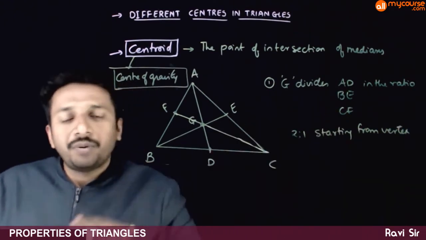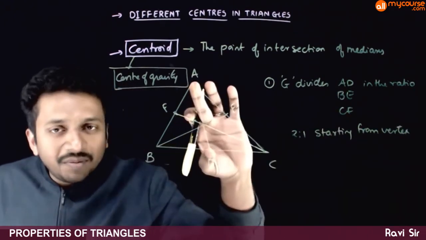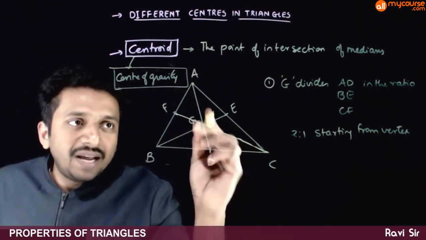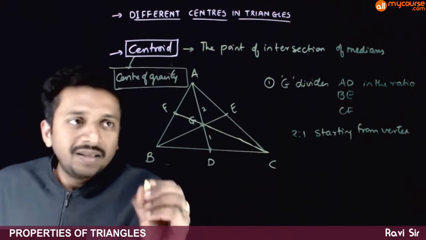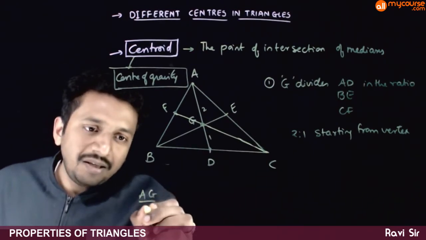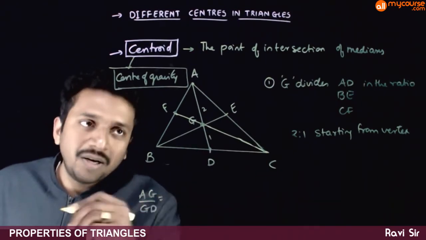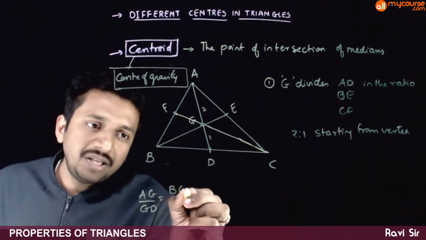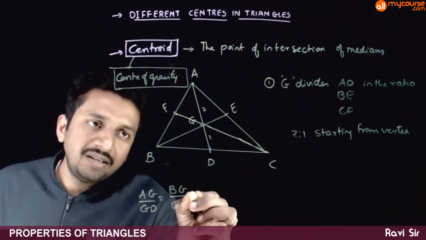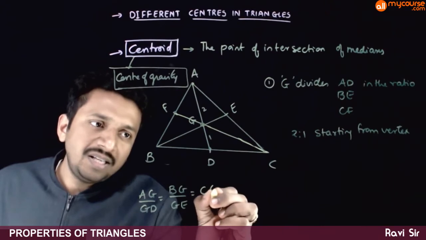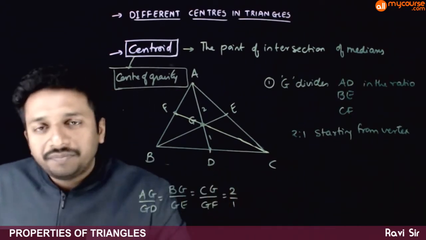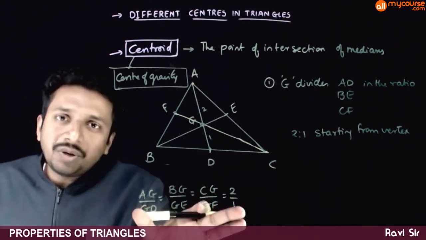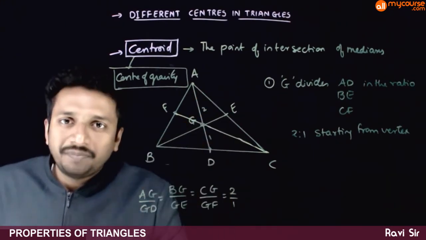This is the most important property of the centroid. That is, if you take the median AD, G divides AD in the ratio 2:1. That means AG by GD is equal to BG by GE is equal to CG by GF is equal to 2:1. So the ratio is 2:1.